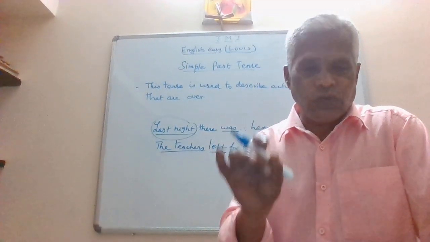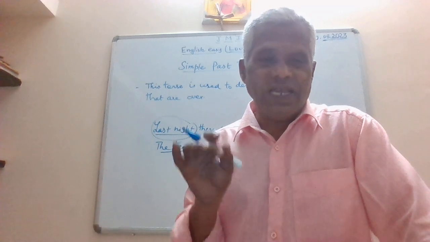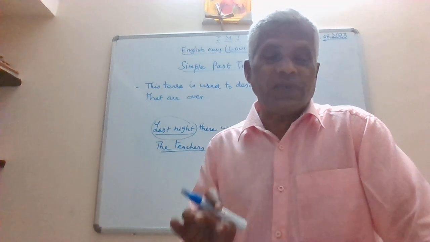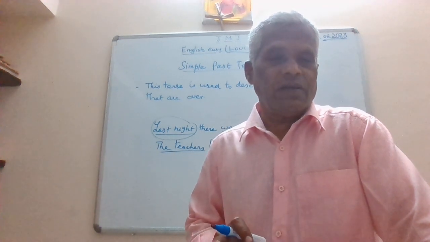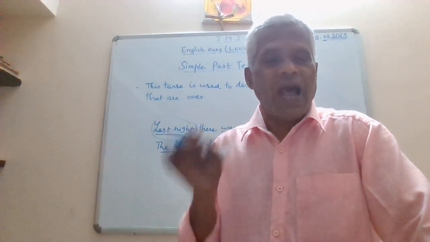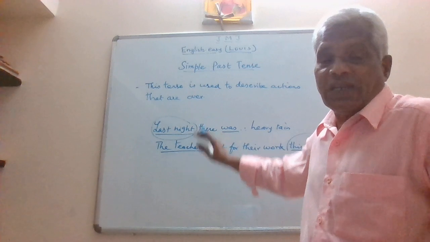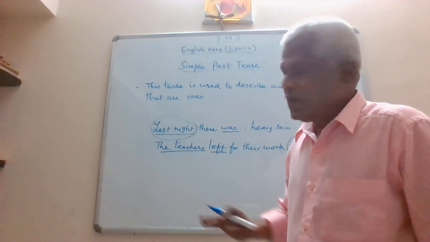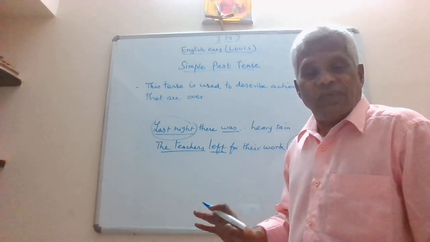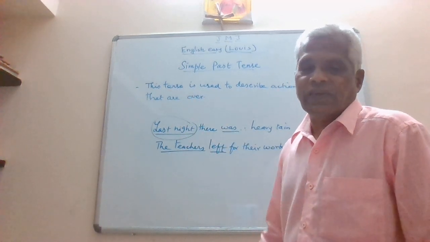Remember, past tense is used to describe actions that happened in the past at a specific time. Last night, maybe you can mention the time exactly, but last night means the whole night would have rained. That's the understanding. So that is the second conclusion or second rule that we could arrive at to understand this past tense very clearly.